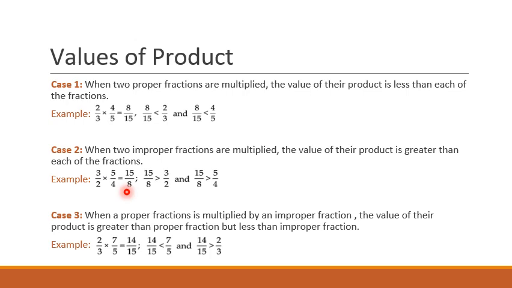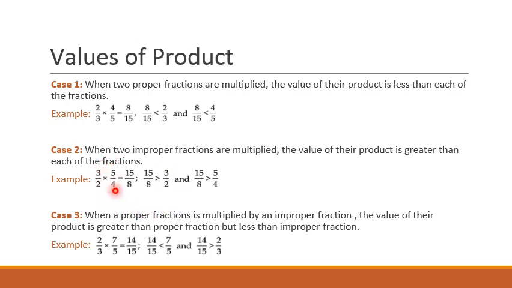Now let's compare it with the given fraction 15 by 8. Now if I compare it with 3 by 2, if I make its equivalent fraction, then it will become 12 by 8. So 12 by 8 is less than 15 by 8. That means 15 by 8 will be greater than 3 by 2.